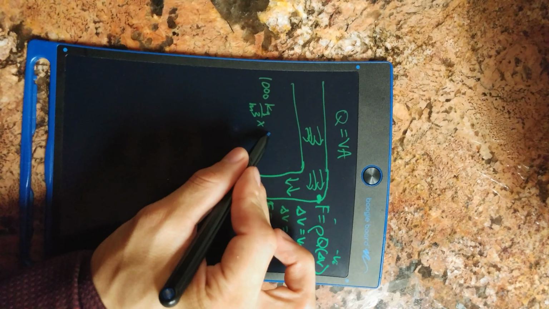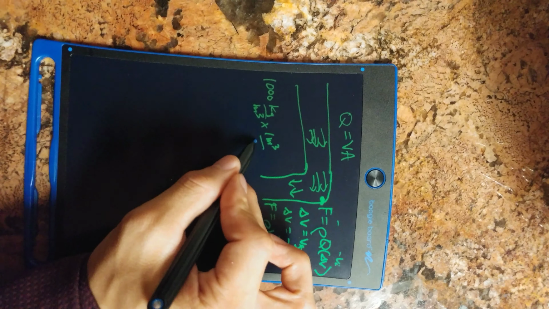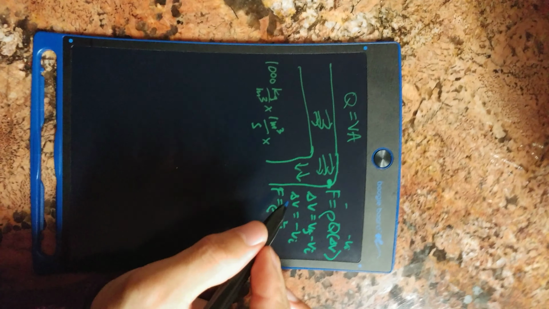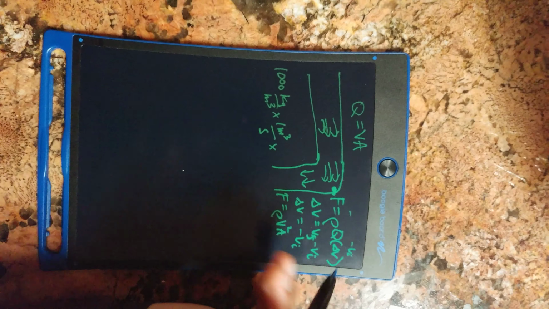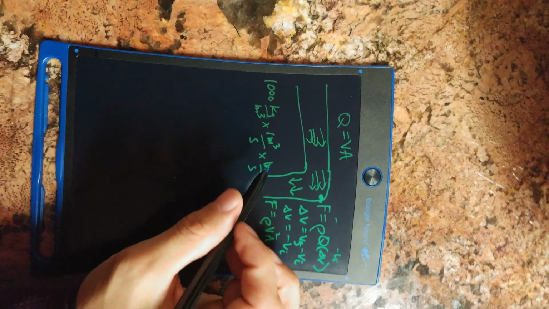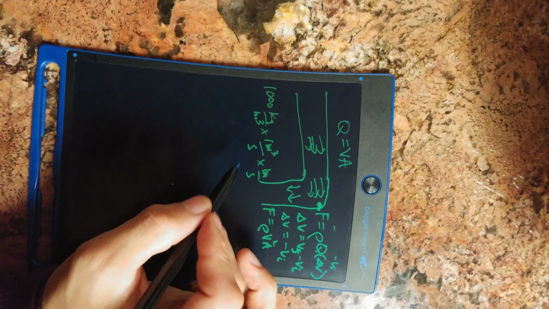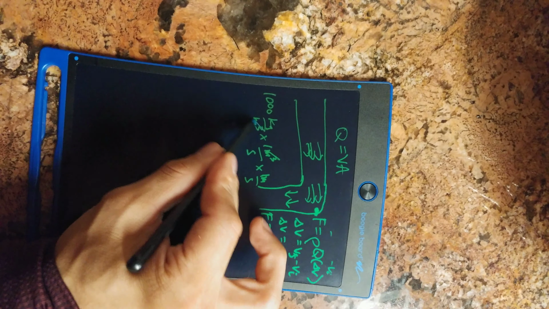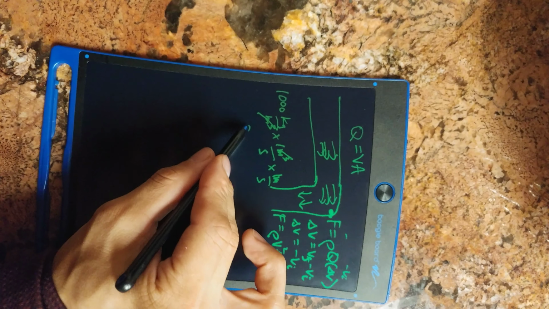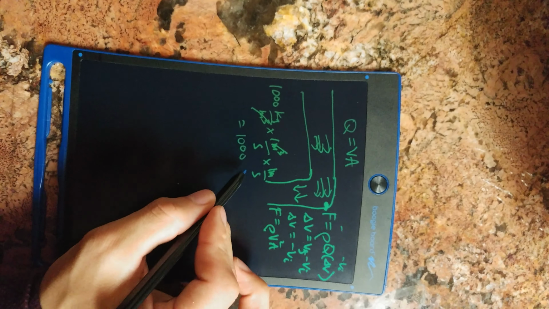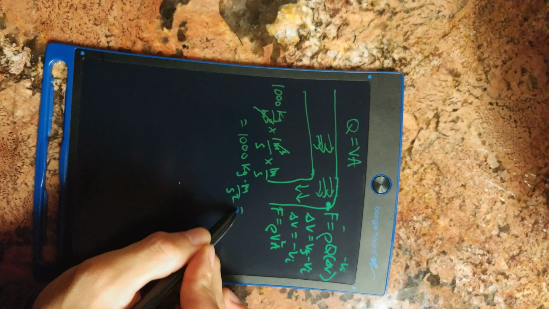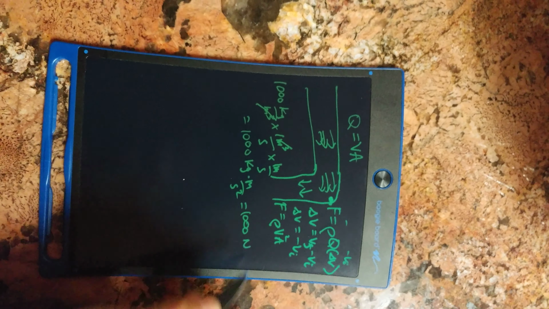So the flow is going to be 1 cubic meter per second times the change in velocity, or the velocity, we're going to say it's 1 meter per second. As you can see here, this meter cubed and this meter cubed cancel, and we have 1,000 kilograms times meters per second squared, which is 1,000 newtons.